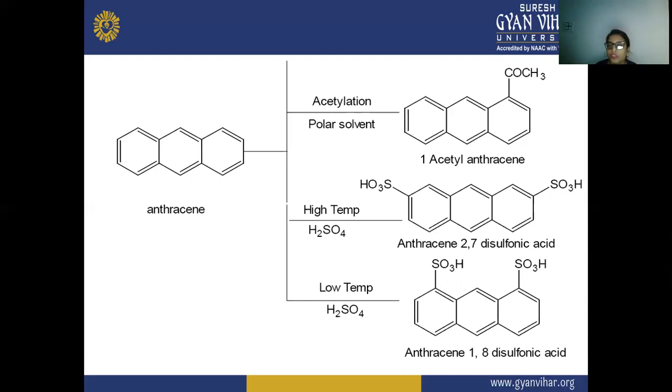In the non-polar solvent, it is attacking on the ninth position, and in the polar solvent, it is attacking on the first position. So there is a formation of this 1-acetyl anthracene.